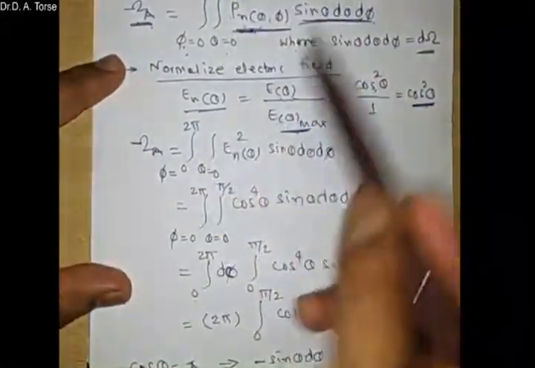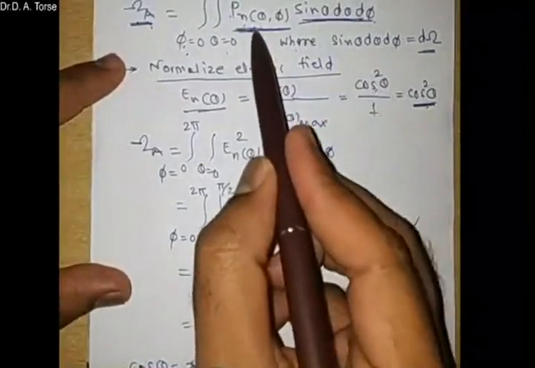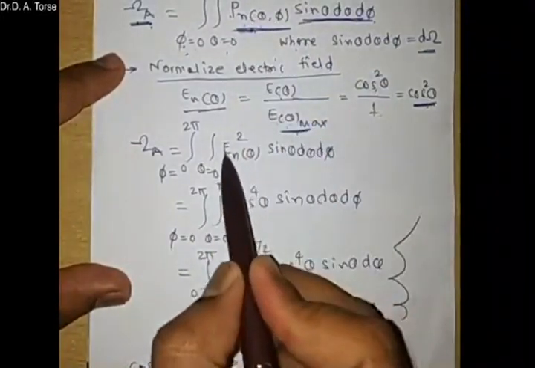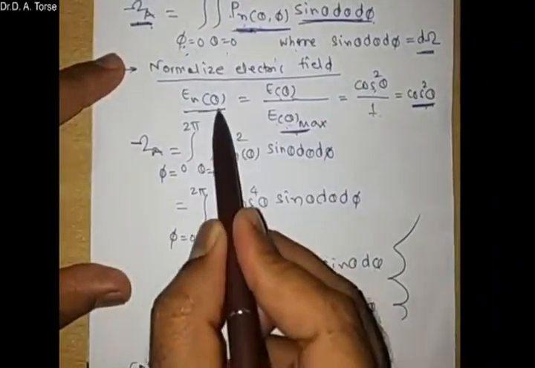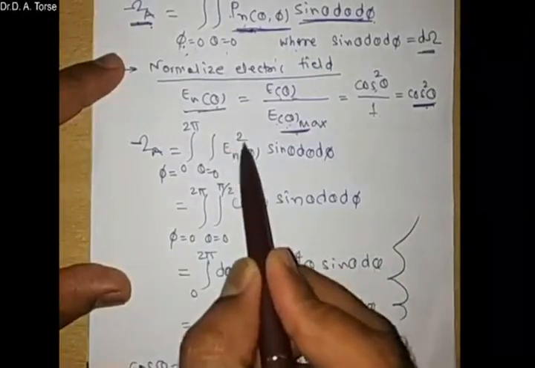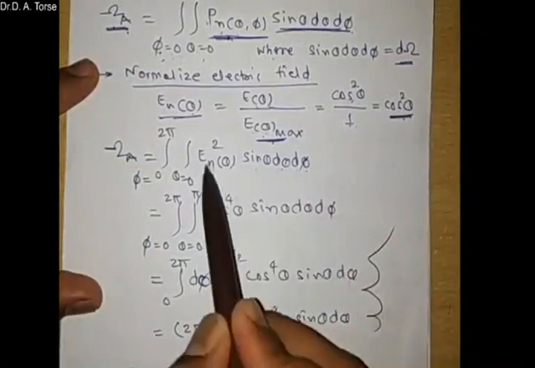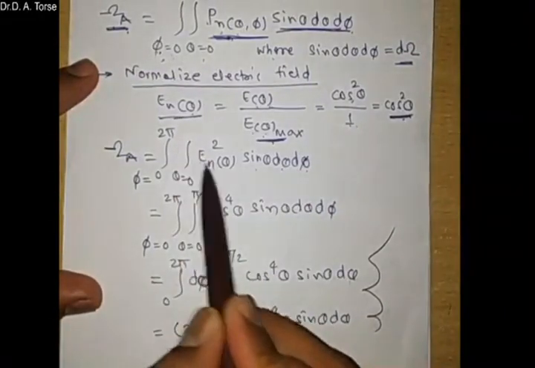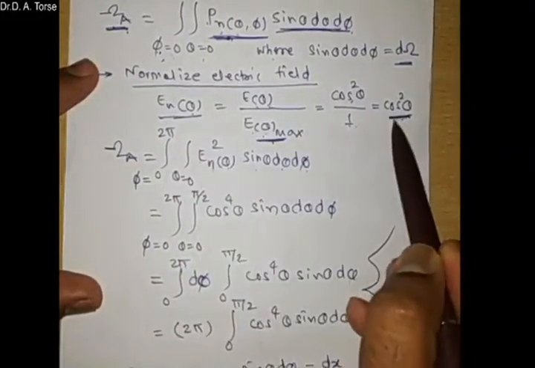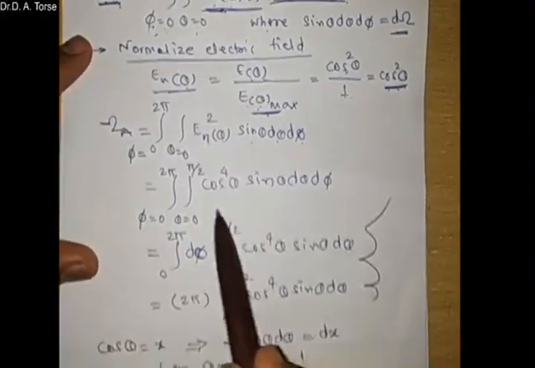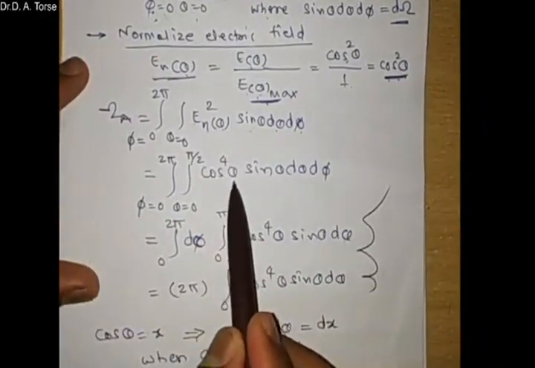Since field pattern is given here, we substitute in place of power field square. So normalized value of En of theta, its square, and this d omega term as it is sin theta d theta d phi, and the value of En of theta is cos square theta, and its square will become cos raised to 4 theta.